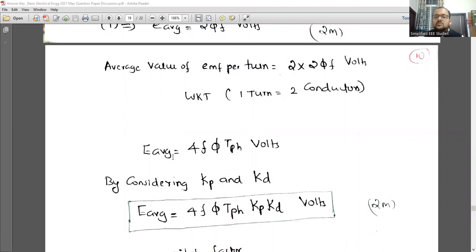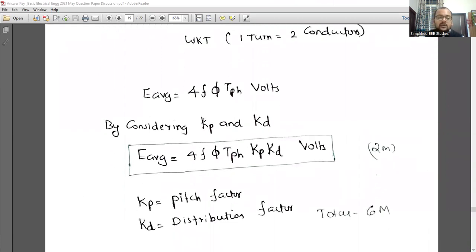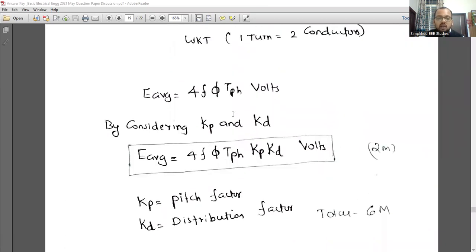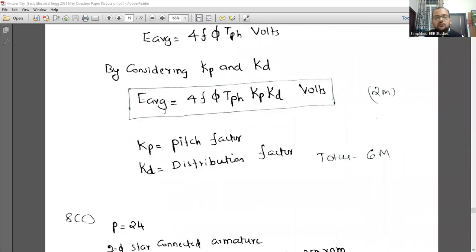But we have to consider the virtual value. It is also known as RMS value, not average value. There is a relation between RMS value and average value. So this is your average value. If you want to convert into RMS value, you multiply with a constant.